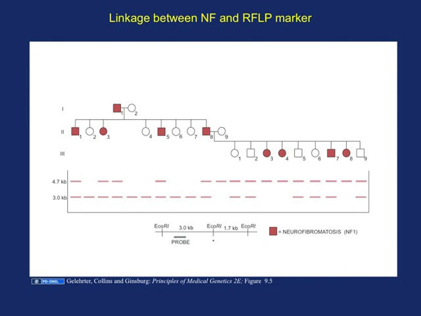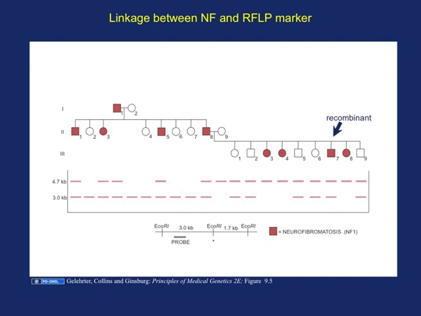And if you look, you'll see that, with one exception, I think, everybody here who got dad's big copy got neurofibromatosis, and those who got the little copy didn't get neurofibromatosis. Out here, there's one exception. So this guy got neurofibromatosis from dad, has the big copy and the little copy, right?